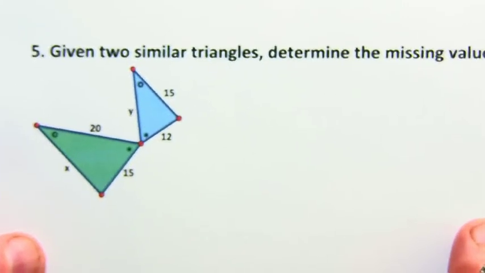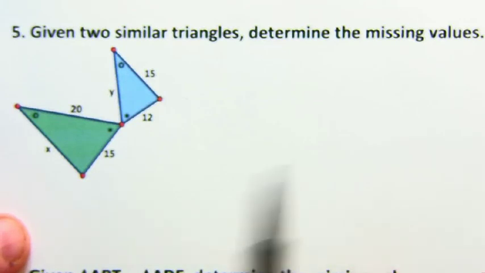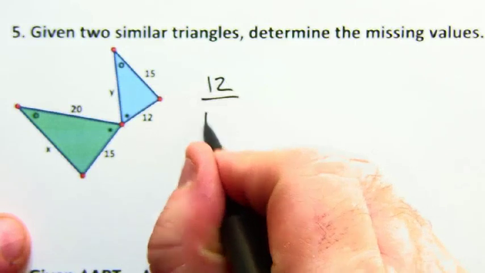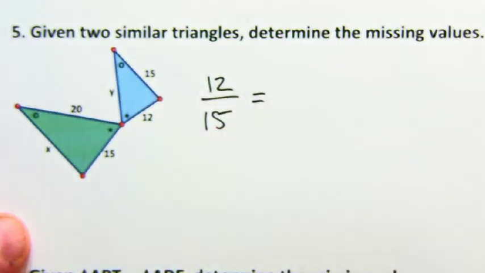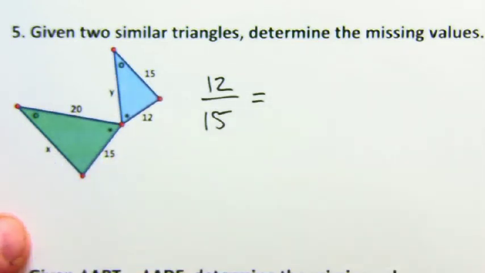Oh yeah, I like this one. This one's got a little trick in it. Students will see 12 and 15, and life is good. 12 is to 15. Now, you've got to be careful who matches up here. Does the 15 go to the 20, or does the 15 go to the x?